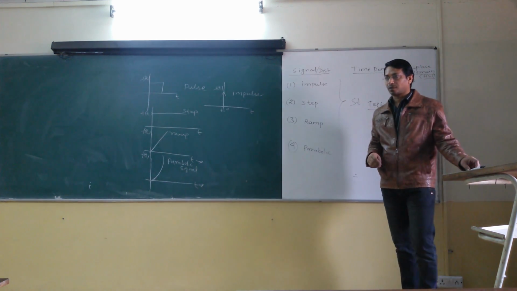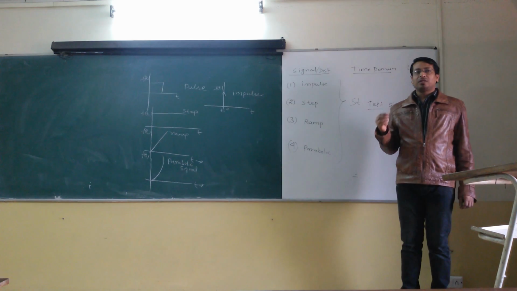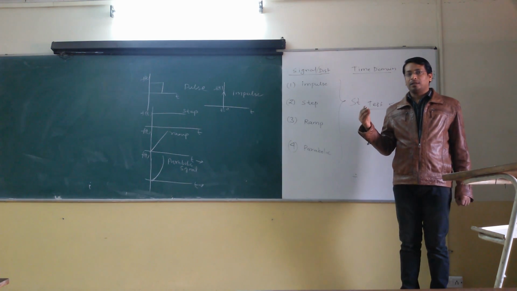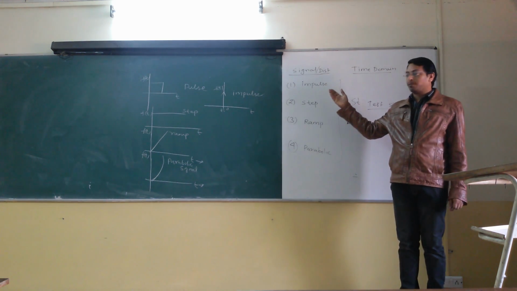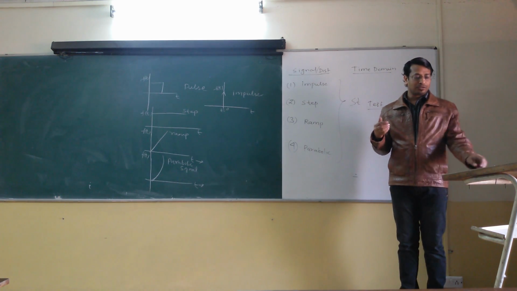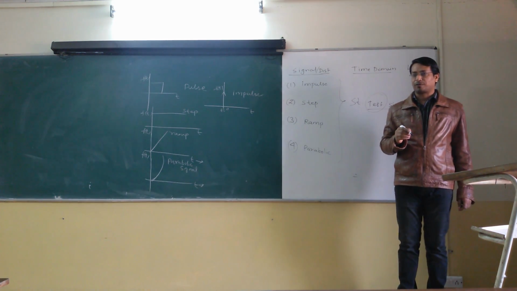Correct? And since it may not always be the case that your input comprises only these or a combination of these, we say these are test signals, because they are generally used for testing purposes.